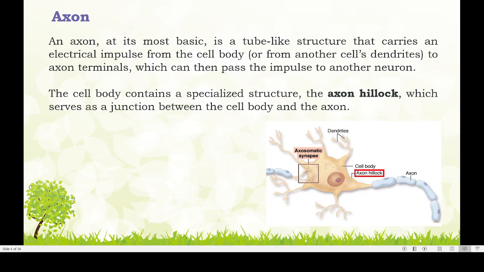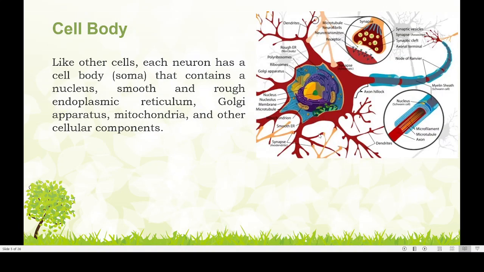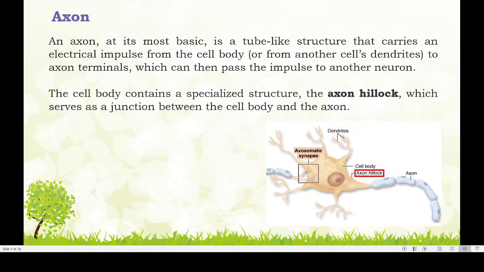So here there are two types of function: the function of dendron or dendrites is to collect messages from other neurons, whereas the function of an axon is taking the message which is produced by this cell to another neuron. One is receiving the messages, the axon is sending the messages. So that is how the axon and dendron differ in their function.